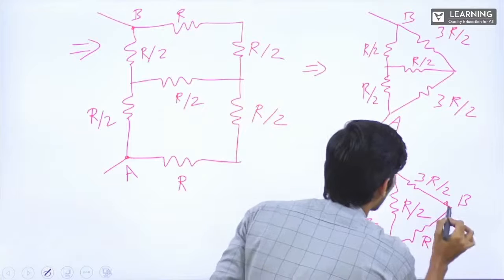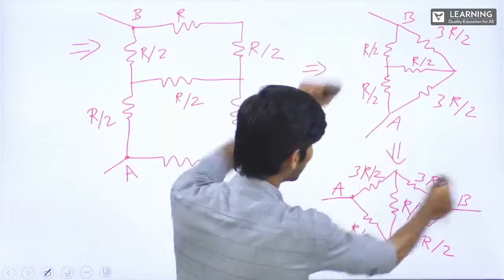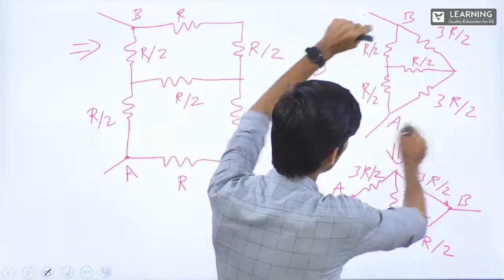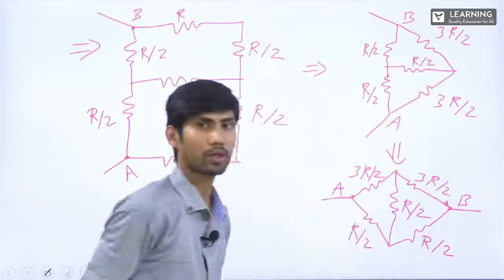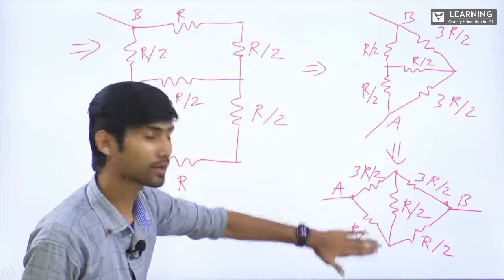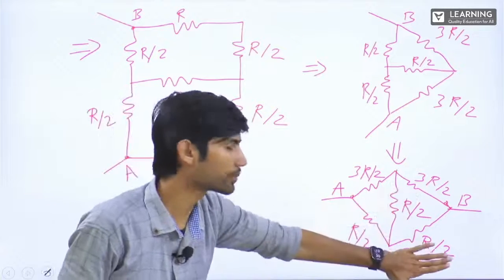See, this AB was like this, I have done like this, R by 2 will come here, 3R by 2 here, 3R by 2 here, correct? And R by 2 here, R by 2 here. Now see, it is a balanced Wheatstone bridge, 3R by 2, and the ratio divided by R by 2 is 3. 3R by 2 divided by R by 2 is 3.